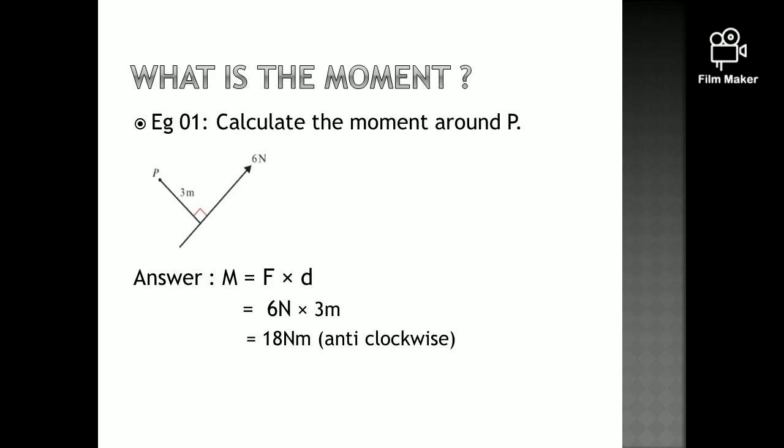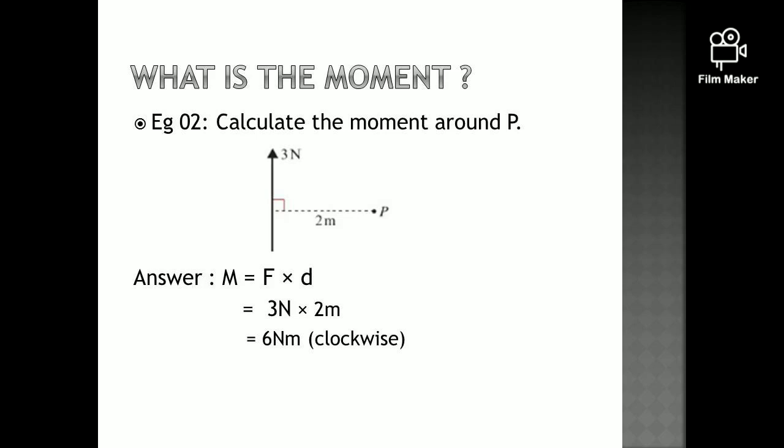Then try to push your book or the piece of paper in the direction in which the force mentioned in the question is applied. See in which way it tends to rotate, whether in a clockwise or anti-clockwise direction. According to this problem, if you hold your book at point P and apply a force of 6 newtons, it tends to rotate anti-clockwise. Therefore, the direction of this moment in this question is anti-clockwise, 18 Newton meters.